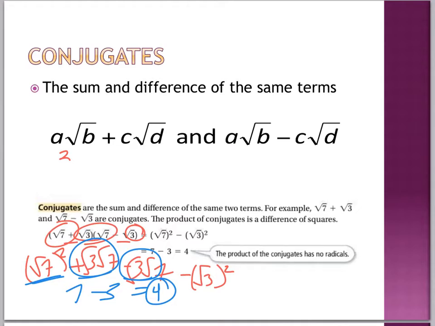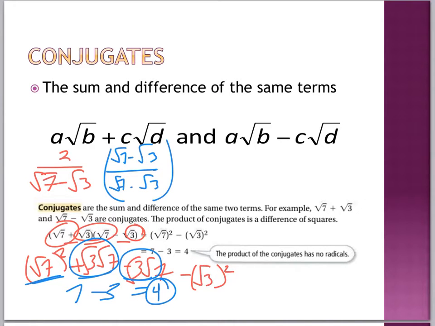If I gave you 2 over the square root of 7 minus the square root of 3, you could multiply that by the square root of 7 plus the square root of 3 over the square root of 7 plus the square root of 3. Notice I have another well-chosen 1. Sorry, plus rather, because we're looking for conjugates. That's going to help us get rid of the radicals in the denominator. And we'll work more on that later, but that's the whole point of them.